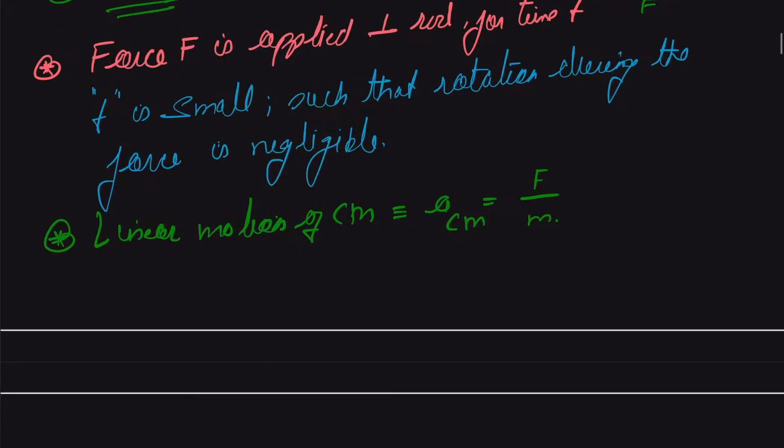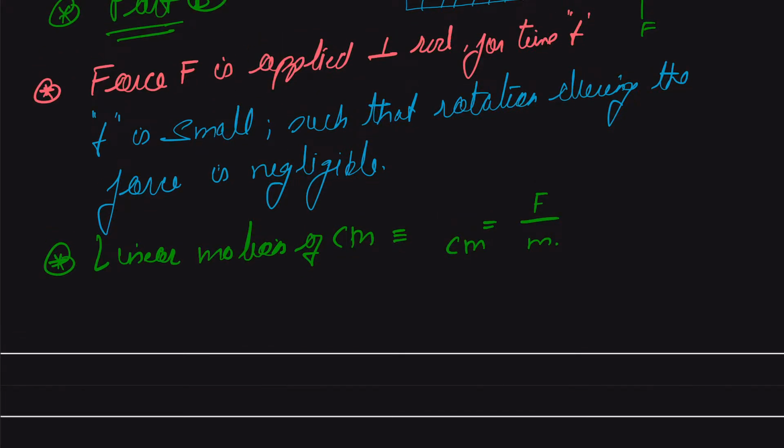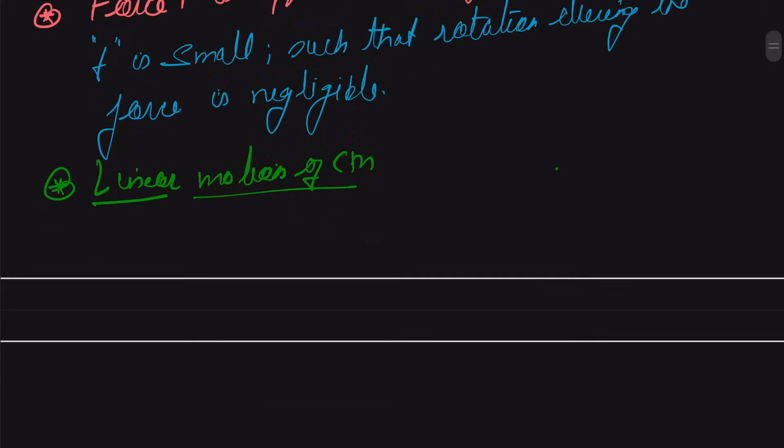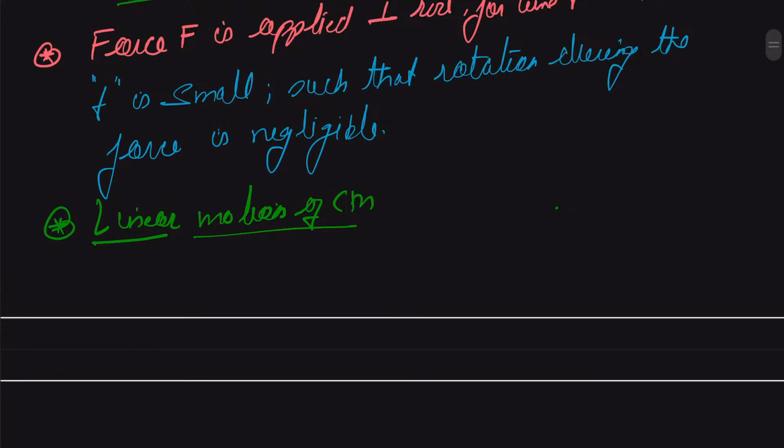Let me put it separately. So we have linear motion of center of mass, and we start with the acceleration of center of mass, that is our ACM, which will be equal to force over mass.